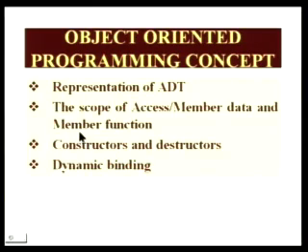The second thing you have to understand, which all object oriented programming languages support, is the scope of access of member data and member functions. Basically, who can access a particular member of a class, who can access particular functions of a class. So we are talking about scope of access.